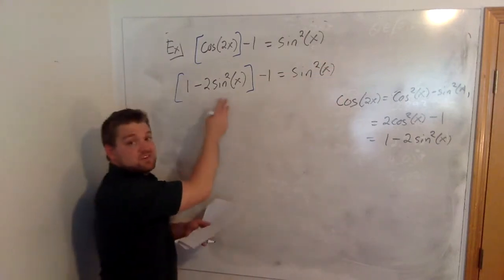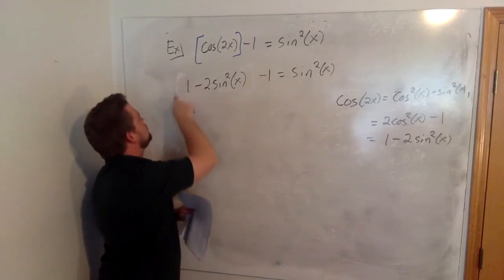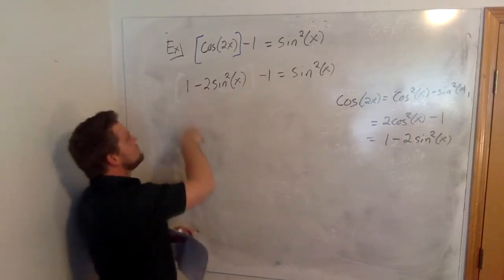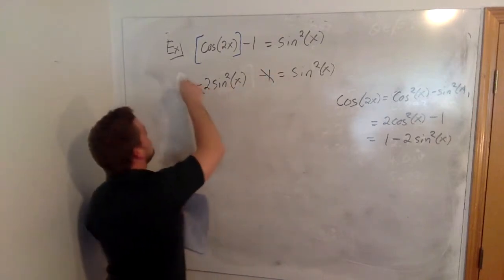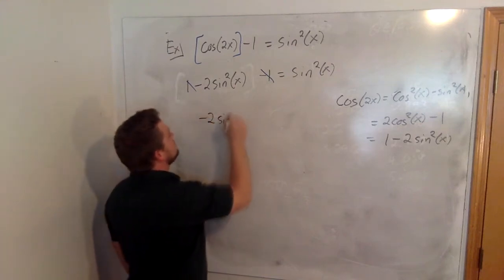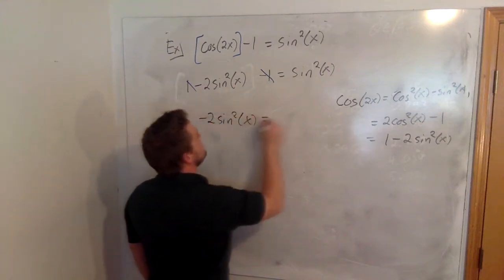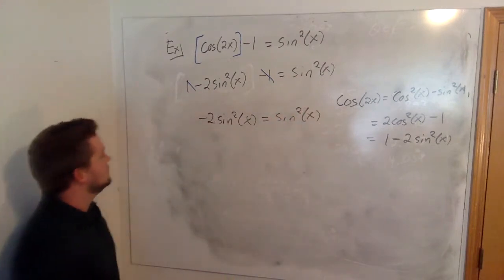Really, these parentheses aren't doing anything for us. I just put them there to illustrate we're making a substitution. Okay, so we have a positive 1 here and a negative 1 here, so let's go ahead and cancel those out. Okay, so we have negative 2 sine squared of x is equal to sine squared of x.